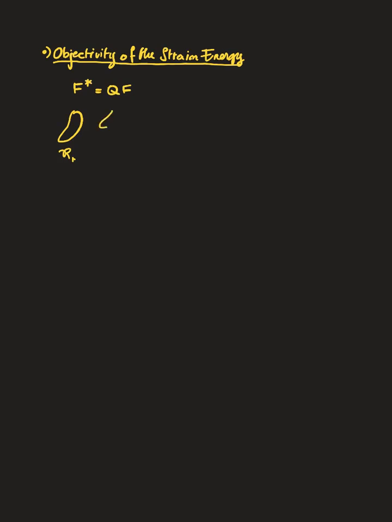Let me say, for example, that this is the deformed configuration and this is the rotated configuration. So the deformation from this domain to this domain is F, and then we do a rotation, which is capital Q, and then we go from here to here, which is F star.